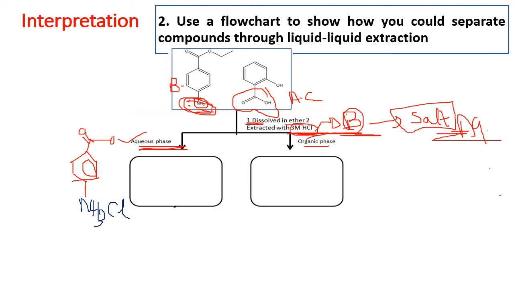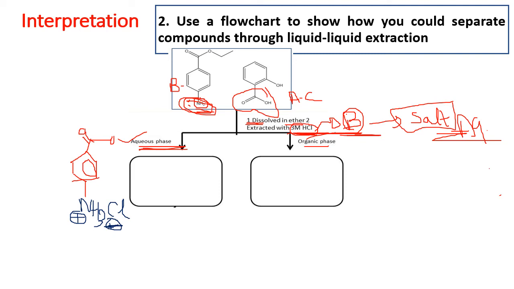And since here the N is connected to 5 bonds, it will have a positive charge. It is going to be NH3 plus and a Cl negative. And this is the salt that will be formed. Okay?